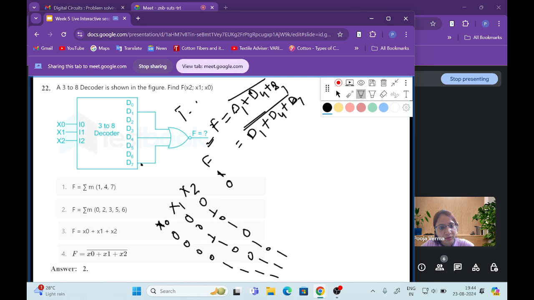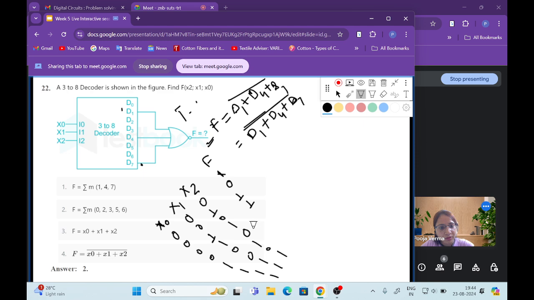It will be 1. 0, 1, 0, for 0, 1, 0, D2 will be 1 and all other 0. Then again we will get 1, right? And for 3, D3 will be 1 and all other combinations D0, D1, D2 are 0. So here we are adding D1, D4, D5. These are 0. So 0 will be F dash, the output dash 1.